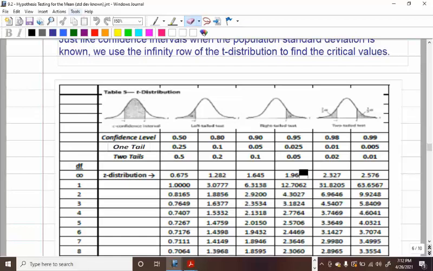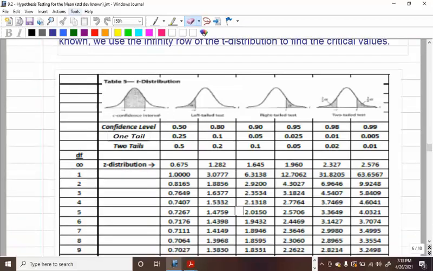The way to do that is, left and right-tailed are both one-tails, meaning one shaded region. The only difference is that the values on the chart are only positive. When it's a left tail, you just have to take your number from this row and put a negative sign in front of it. You just make it negative.